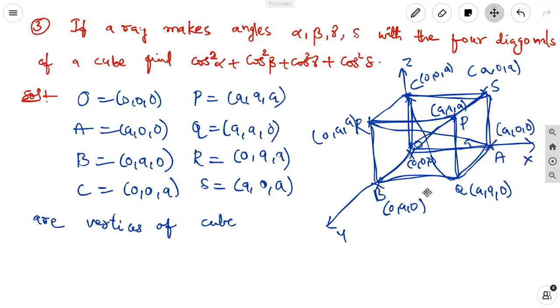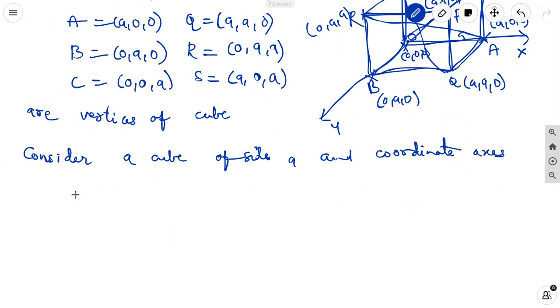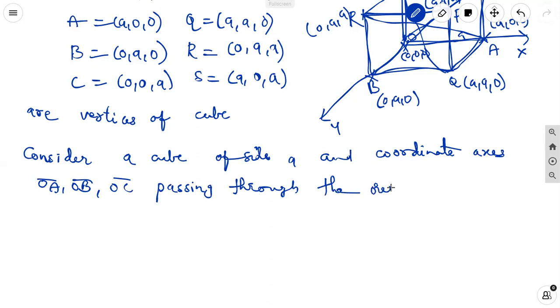So here we are taking a cube of side A, and coordinate axes OA, OB, OC passing through the origin O as shown in the above figure.